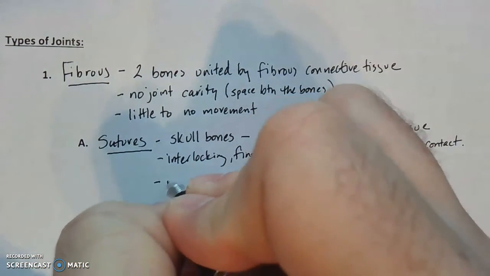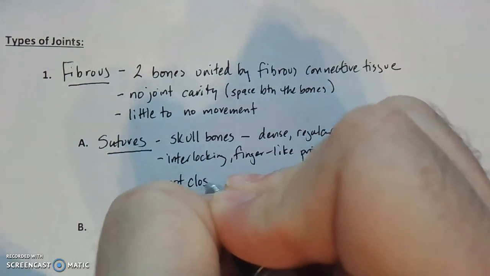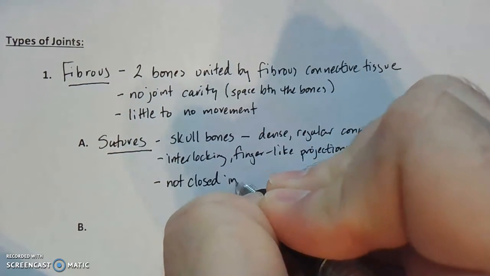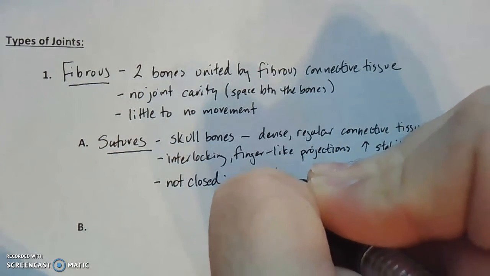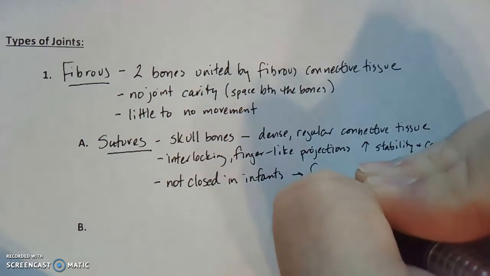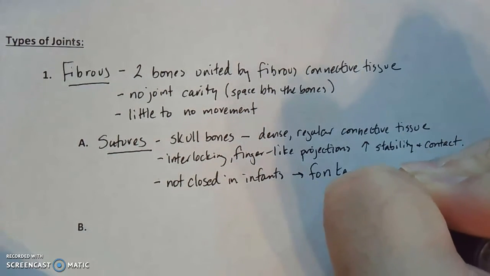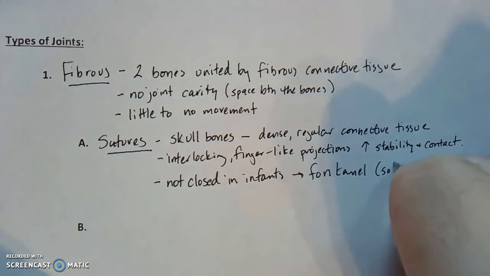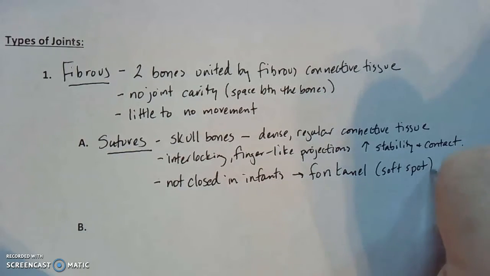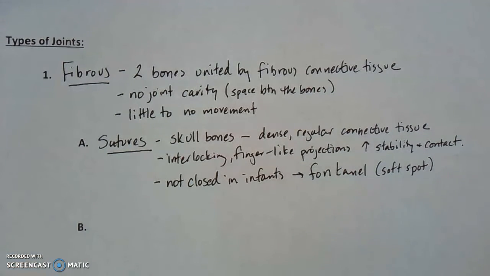And these are not closed in infants. And we get something called a fontanelle or soft spot. And I will put up a couple pictures of what these soft spots look like.